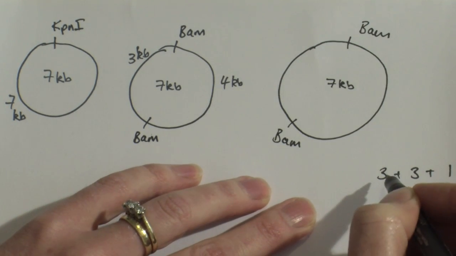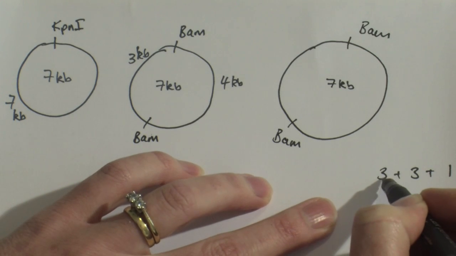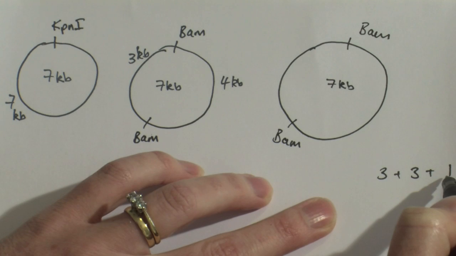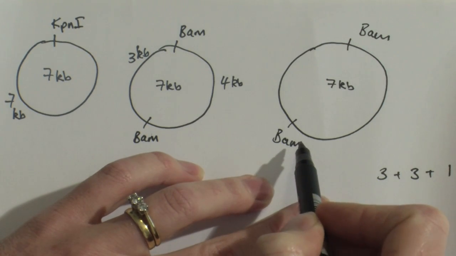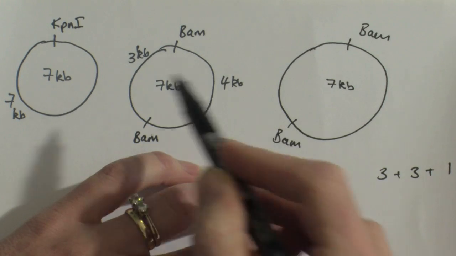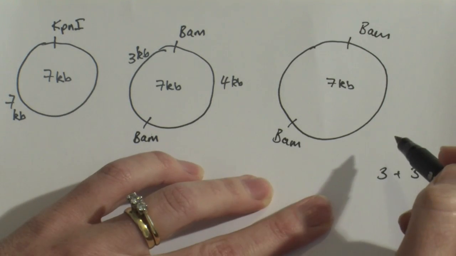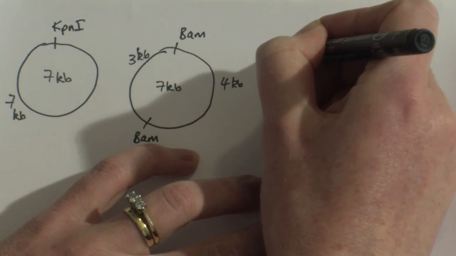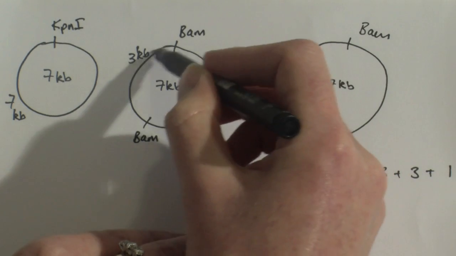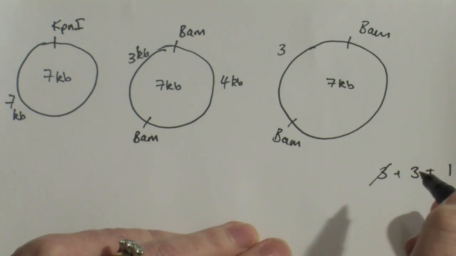Now the bands that I got from my double digest were a 3 kb, a 3 kb and a 1 kb. So how can I imagine where the KpnI cut to give me these bands? Well, I've already got this 3 kb here, this BamHI to BamHI was 3 kb, so that's one of these taken care of.